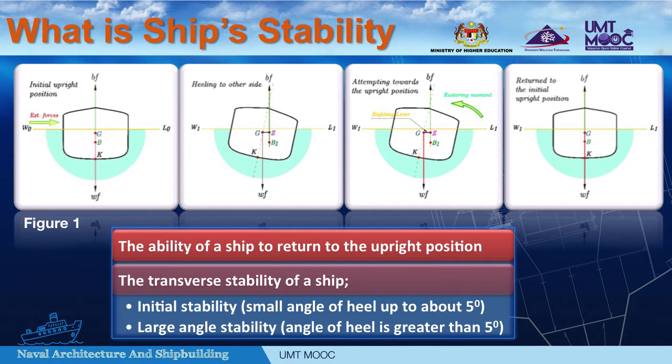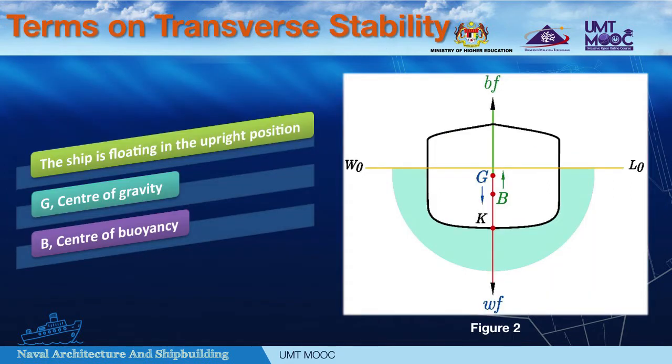Before we further discuss transverse ship stability, general understanding of its basic terms, as noted in the first objective, should be clearly defined. To achieve this, let us see figure 2. Referring to that figure, G stands for the center of gravity.